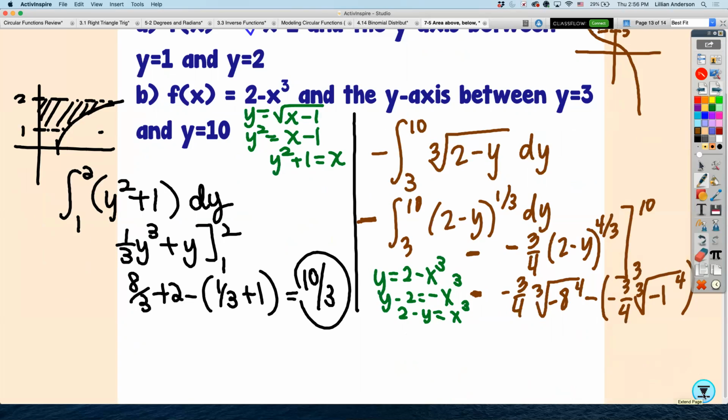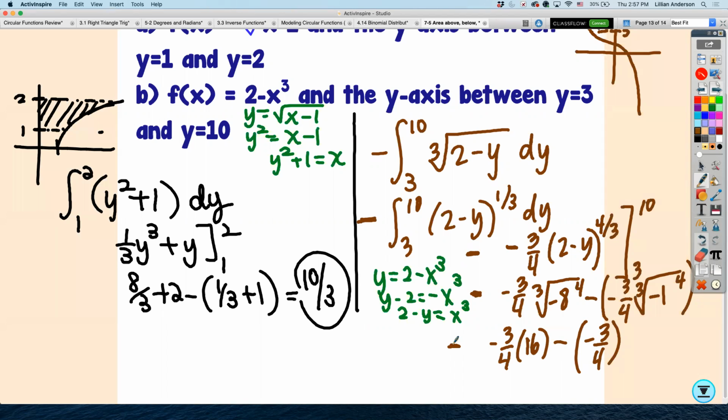What's -2 to the 4th power? Oh, you can do it like that? Yes, you can always take the cube root first and then apply the power. Goodness, okay, that explains so much. So then that becomes 16. Then minus, we got -3/4. What's the cube root of -1 to the 4th power? So that just turns into 3/4.